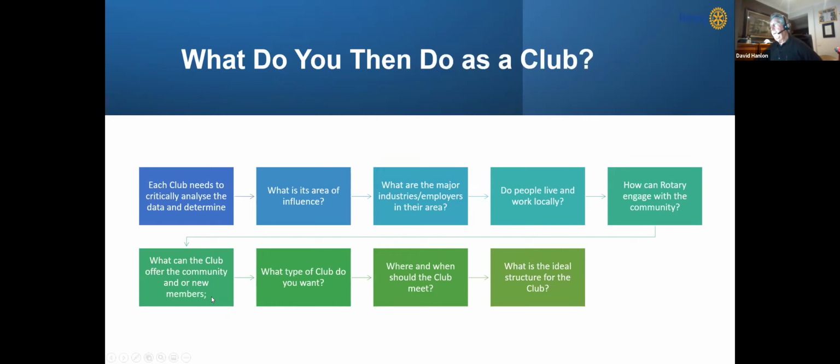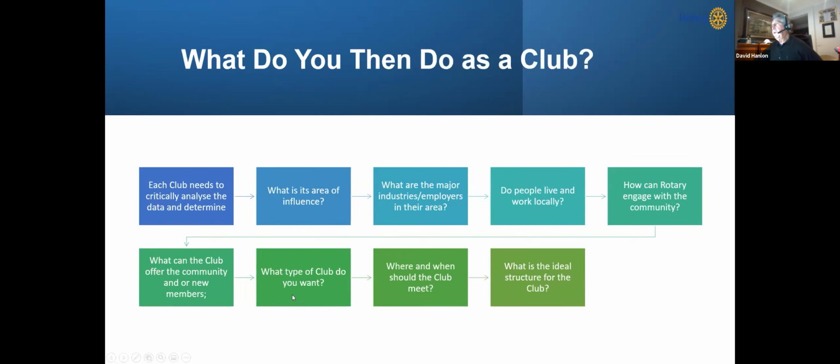What is it that you can offer a potential member? And if we come back to the reasons why people will volunteer, it's usually around they want to provide some service back into the community, or they're cause driven.